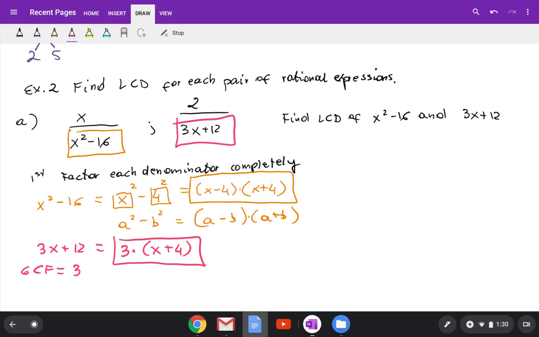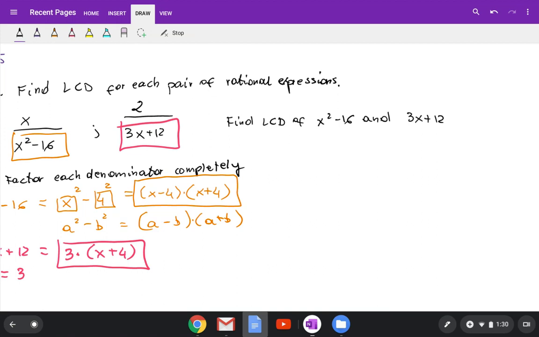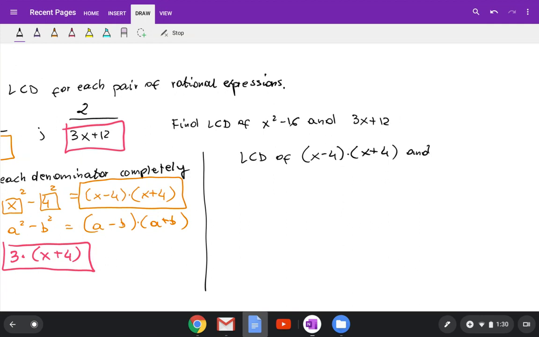So now we have to find the LCD of x squared minus 16, so maybe you want to rewrite that. Find the LCD of x squared minus 16, which is the same as x minus 4 times x plus 4. Okay, so I'm rewriting that using our factors. And 3x plus 12, which we just factored, and this is the same as 3 times x plus 4.